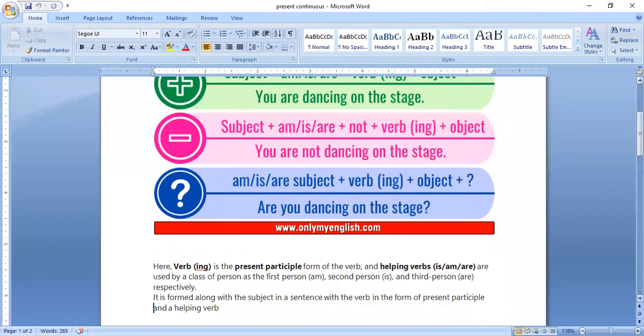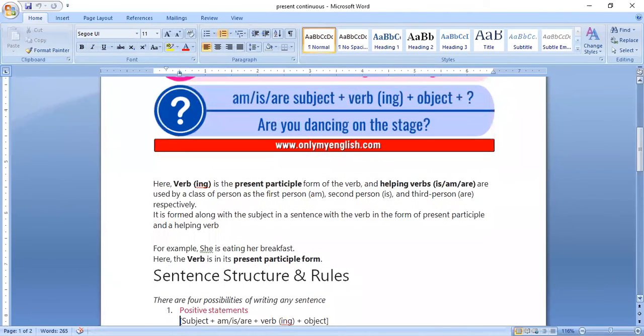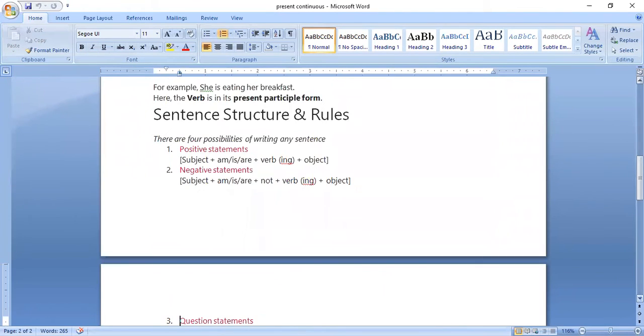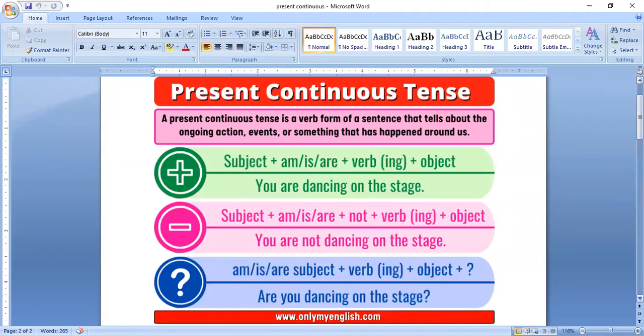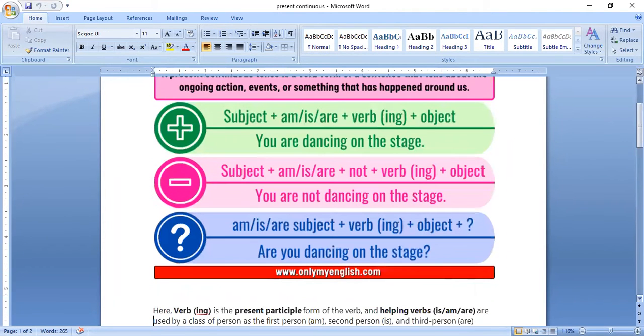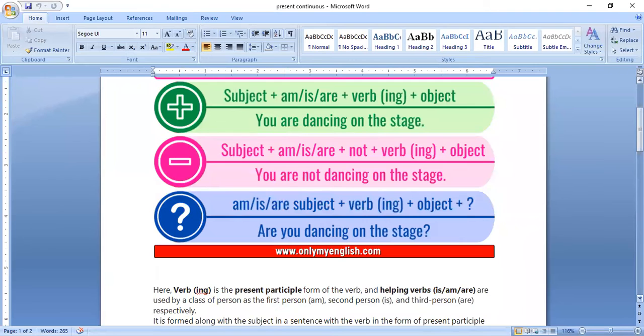Here you can find the verb plus ing is the present participle. Verb plus ing is the present participle.